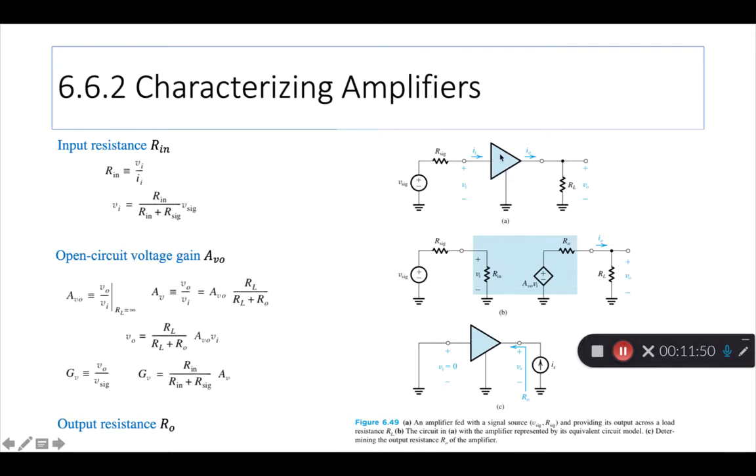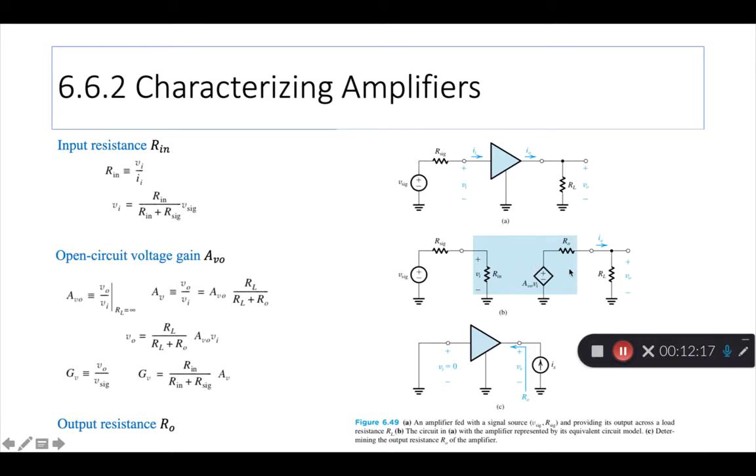And if you replace this blue amplifier using one of the models, for example the pi model that we have studied, it also consists of three elements. The model has an input resistance Rin, there's an output resistance RO, and there is a dependent source.